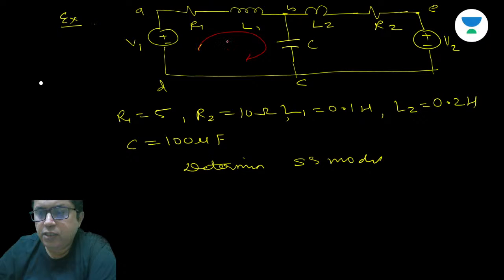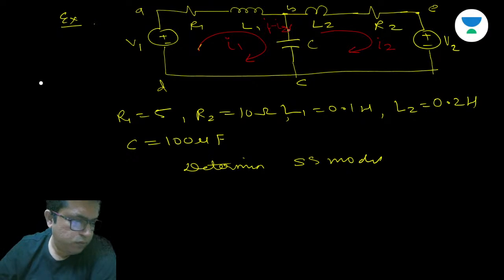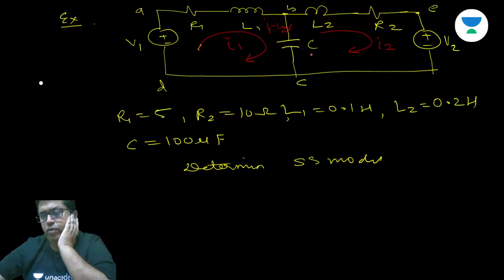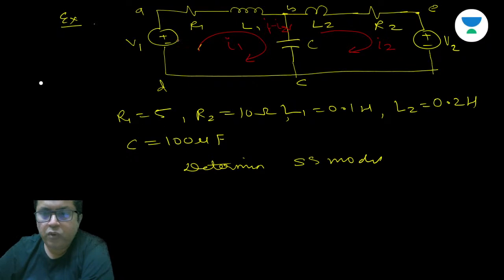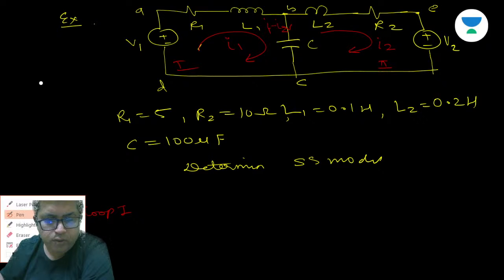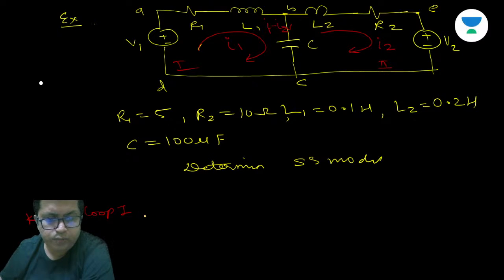This is current I1, this is current I2, this current is I1 minus I2. Okay, loop 1, loop 2, KVL to loop 1.